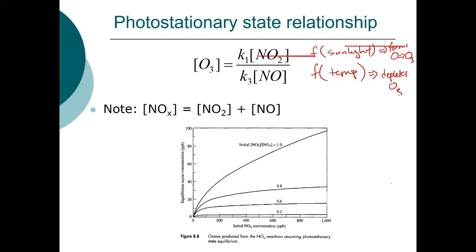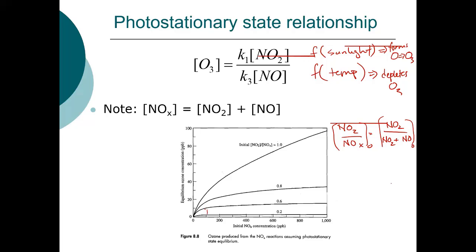Now, if we plot, this is the initial NO2 over NOx, which is NO2 over NO2 plus NO. And we're looking at the initial ratio. So that's starting ratio.